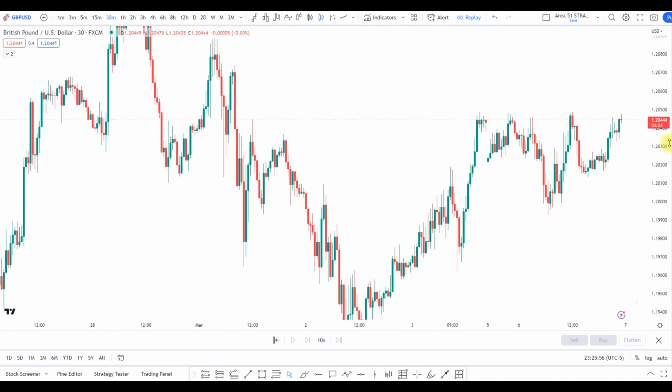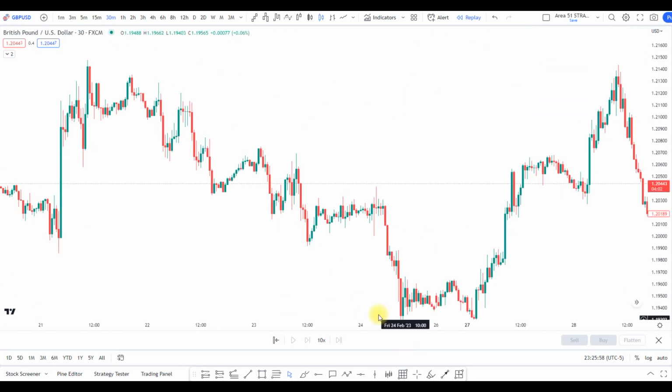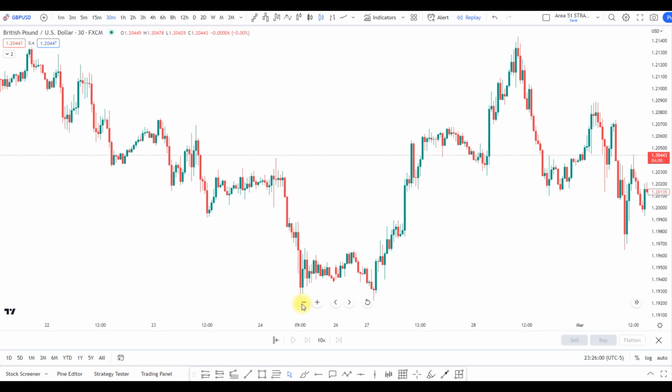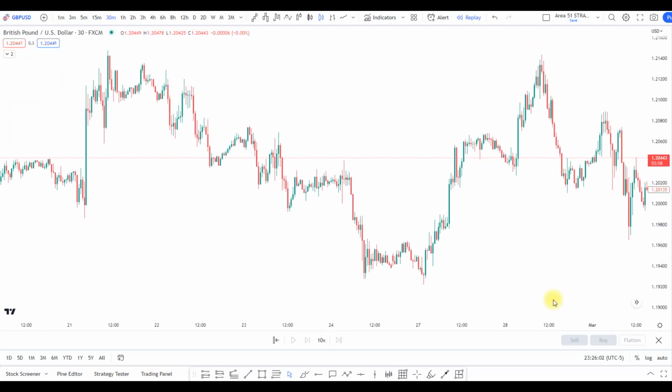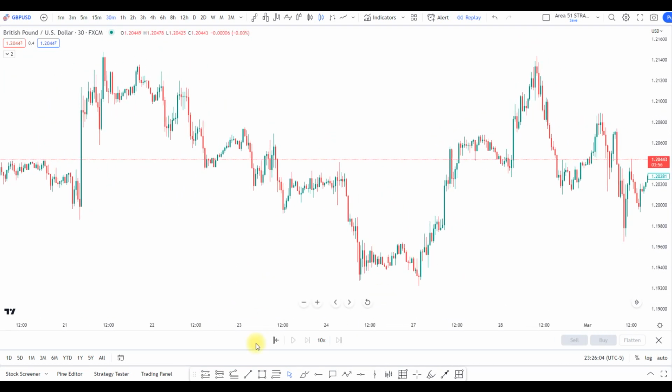This is exactly what's been happening for the past few days. This price data started from February 23rd until the current date today, so we're going to analyze from here until today.